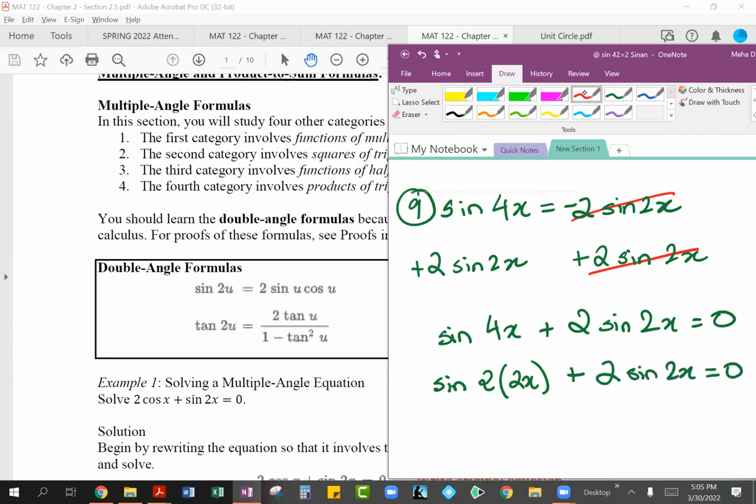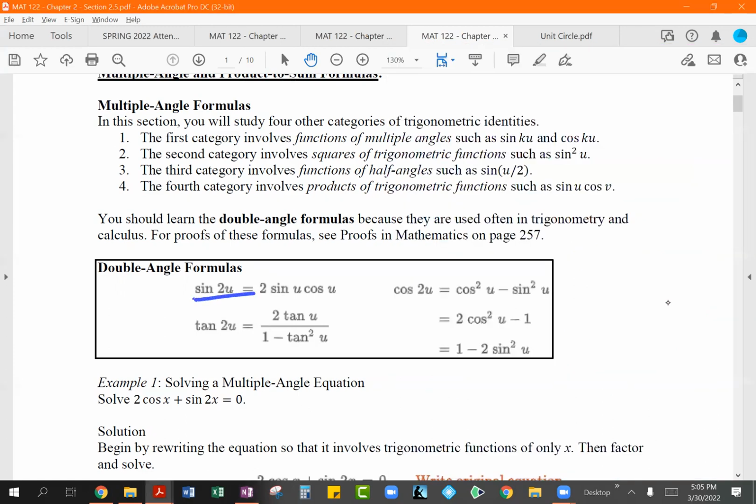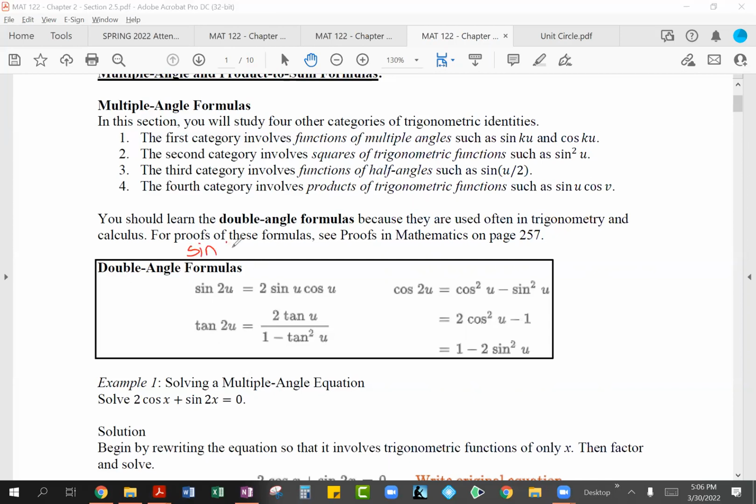So what's actually going to happen here is, how you have the 2x here? So this 2 is actually going to act like this 2 over here, and then that entire parentheses 2x is actually going to act like the single x over here. So, when you break this down into this formula over here, since you have sine of 4x, we're rewriting that as sine of 2 times 2x.